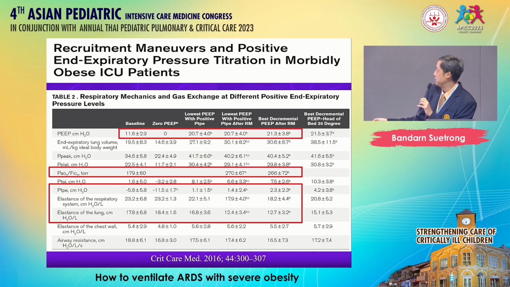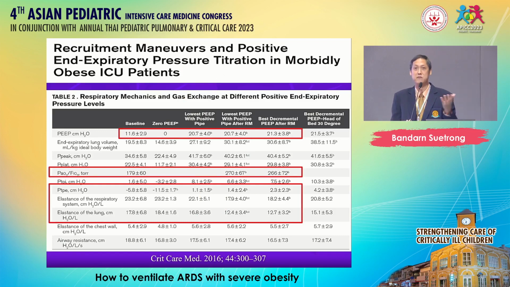If we compare this with using esophageal pressure only, without a recruitment maneuver, you will see that if you use the recruitment maneuver first and then decremental PEEP titration, the elastance is better than using only esophageal pressure monitoring, and is close to using the recruitment maneuver and esophageal pressure monitoring.